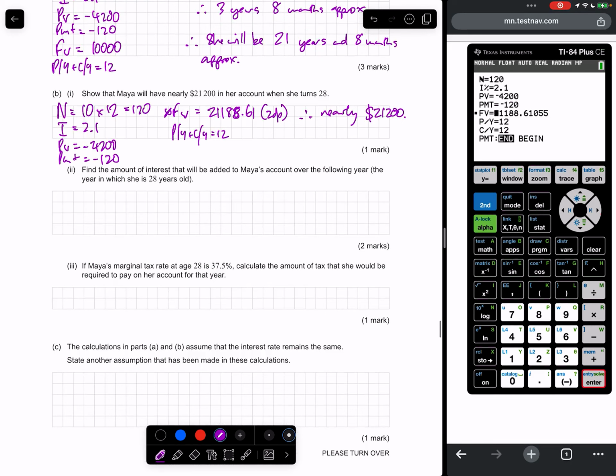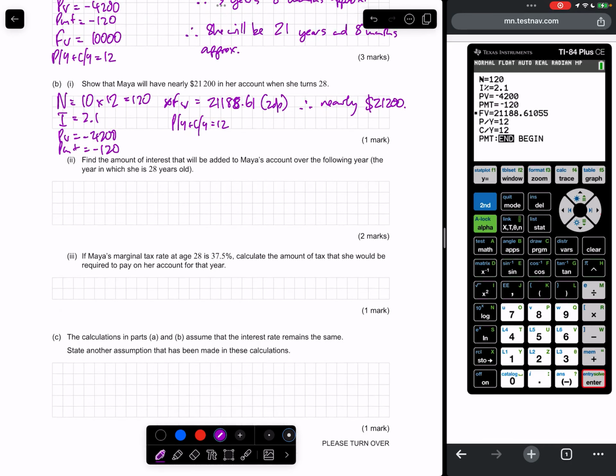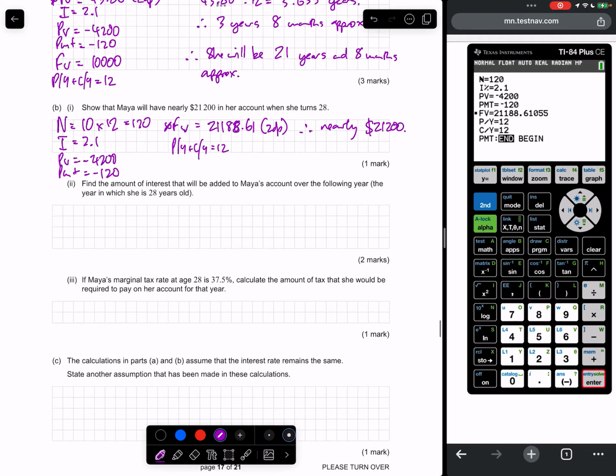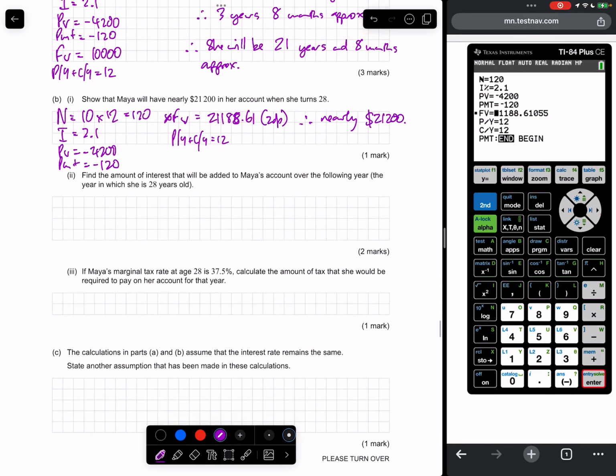Find the amount of interest that will be added to Maya's account over the following year, the year in which she is 28 years old. N is 1 year of 12. I is 2.1. PV equals negative $21,188.61 in the account. She makes a payment of $120.